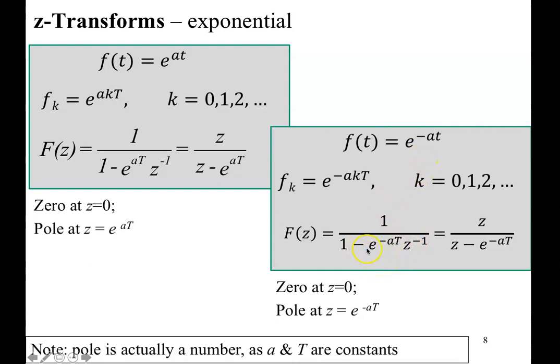So the only thing that changes is the value before the z to the power of minus 1. Again, we can convert that into positive power by multiplying z to the numerator and every term in the denominator, and I get z over z minus e to the power of minus aT. So you can have a look here: the transform difference is this number. And therefore I have a zero at 0, and I have a pole at e to the power of minus aT, which is this number.